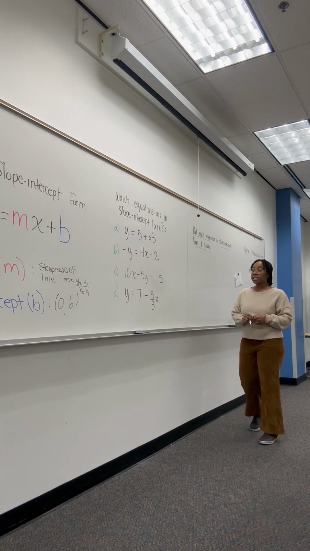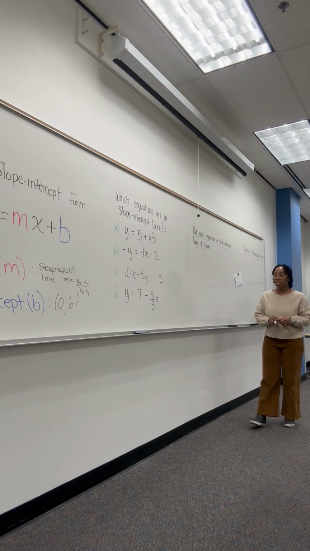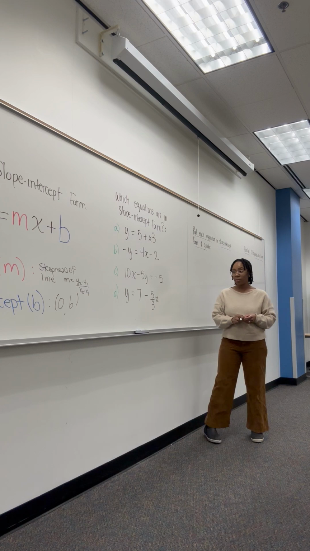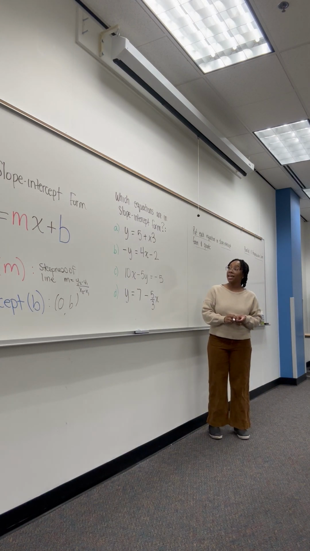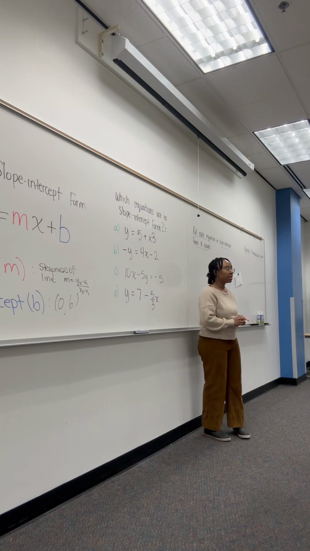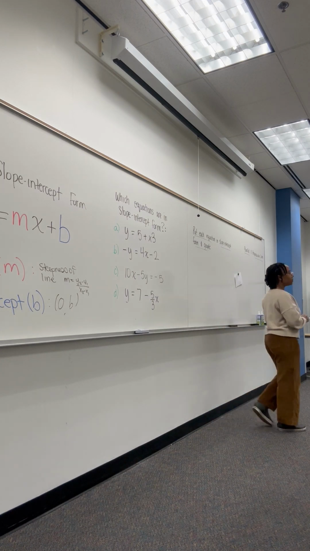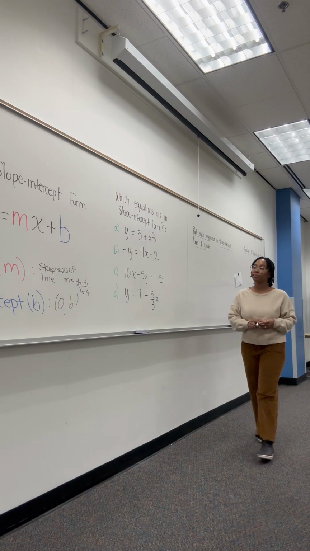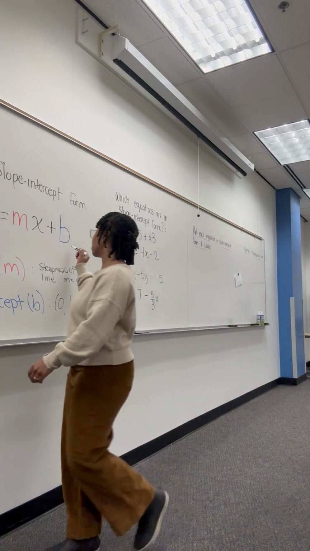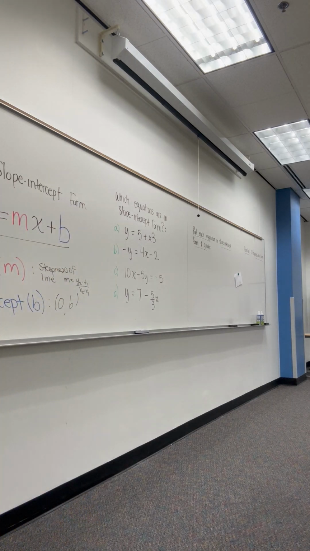So let's look at these 4 equations and see which of these equations are in slope-intercept form, if any, okay? So looking at A, y equals 5 plus x3, is that in slope-intercept form? So you're basing it off of this formula here.